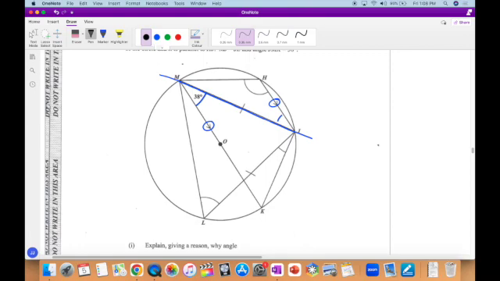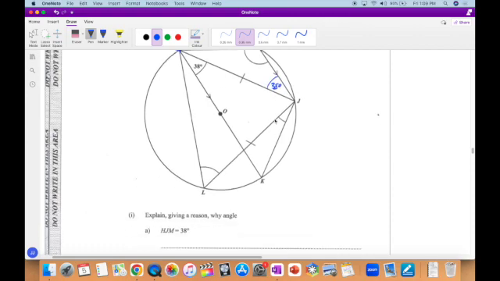If this is 38, then this is going to be 38 because of alternate angles.